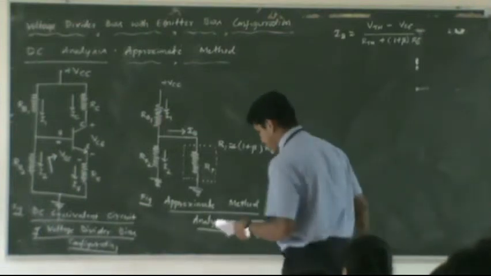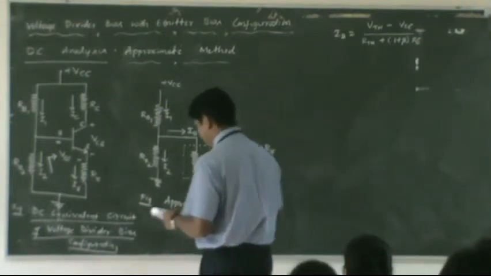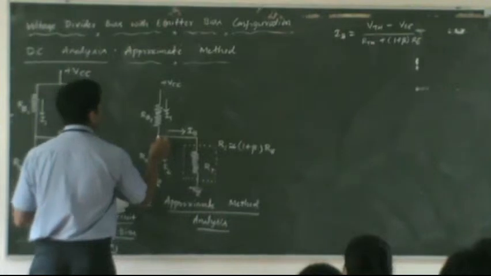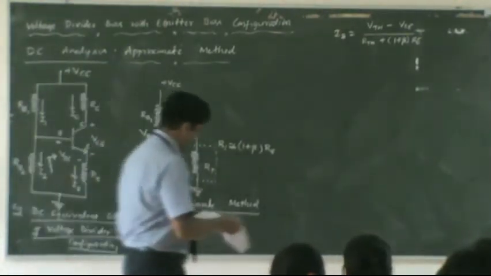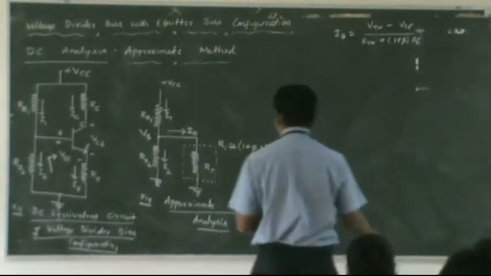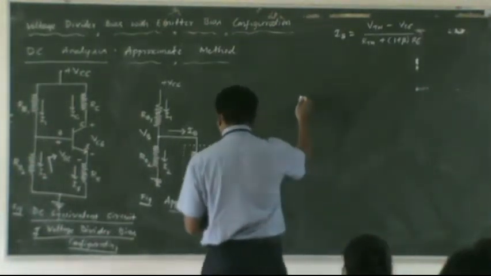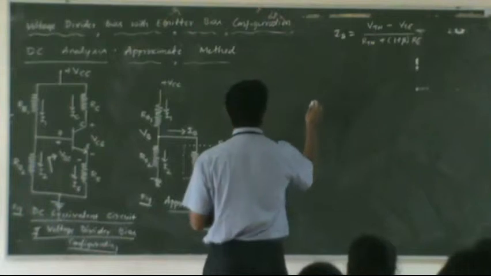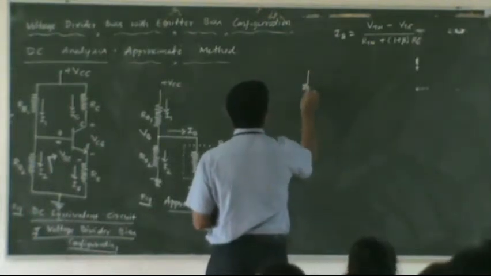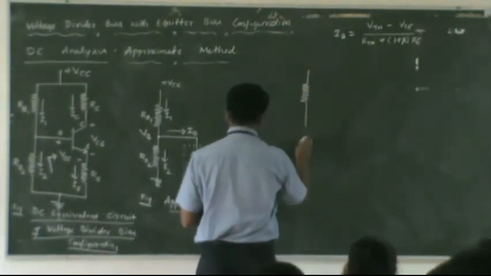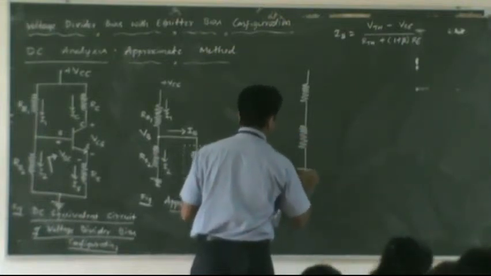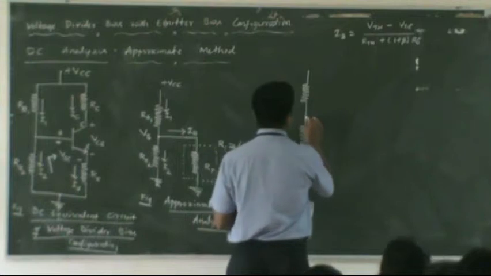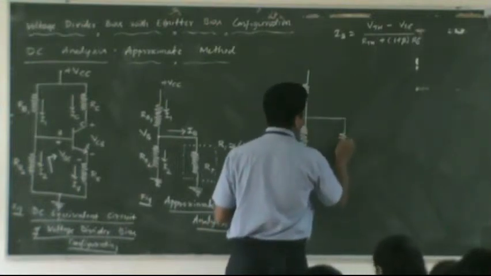According to that, the voltage at this particular point, let me write it as VB. I will rewrite this circuit again to show the condition.